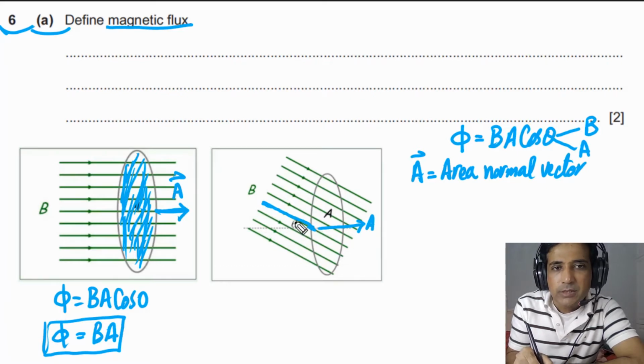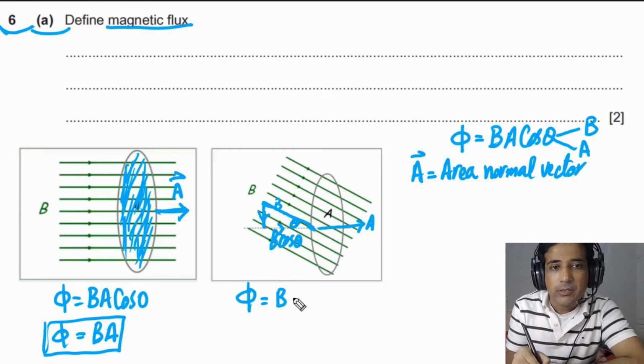You can see there is an angle between these two, and the angle is theta. So flux in this case will involve B cosine of theta. This is B, and we can resolve it into two components. This component is B cosine of theta, and it is parallel to the area normal vector.